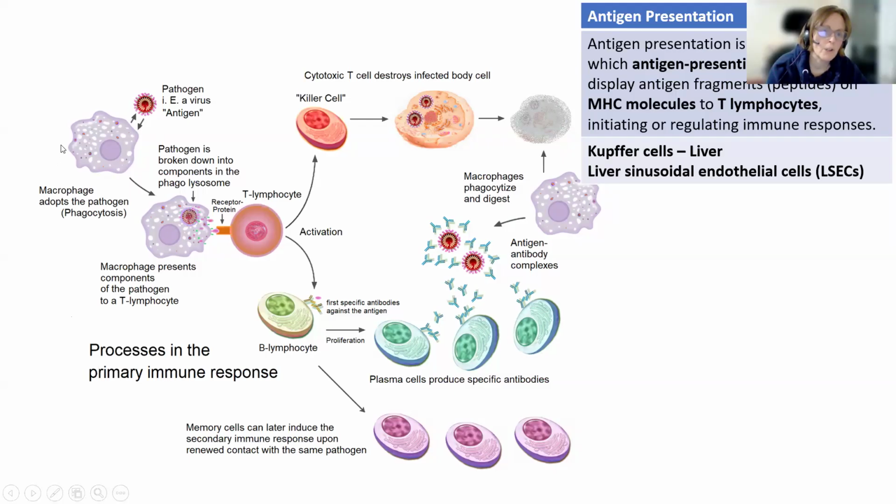Here's our macrophage. It'll break up that virus into little bits, and it will put these antigens on its surface and show them to this T lymphocyte. And this T lymphocyte will then activate some other cells. So either a killer cell, which we're going to have a look at, or B lymphocyte, which we'll have a look at later on as well.